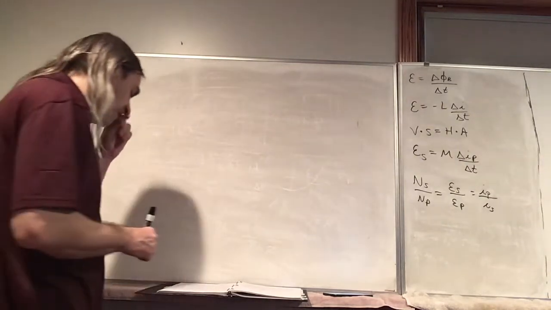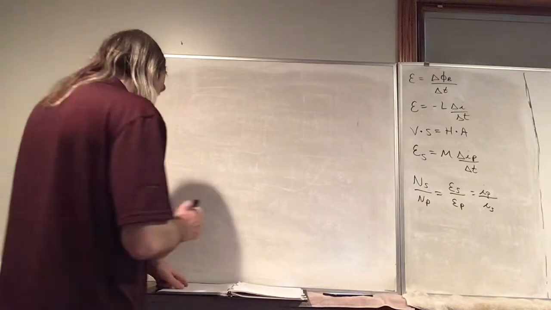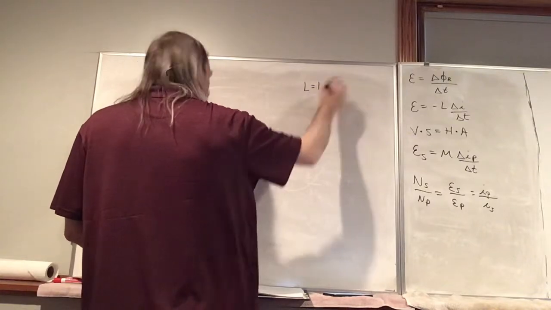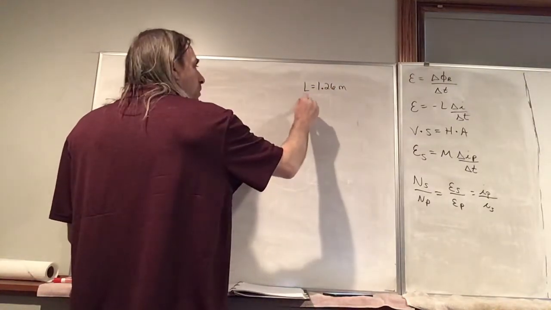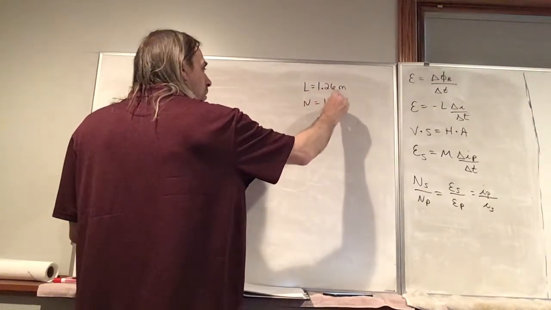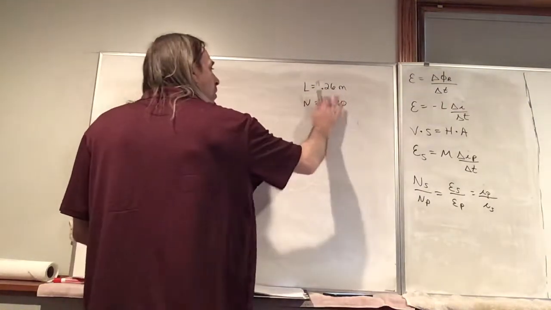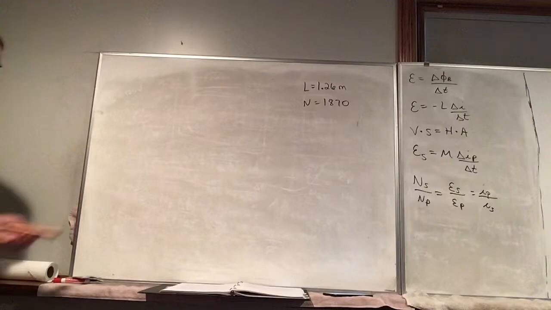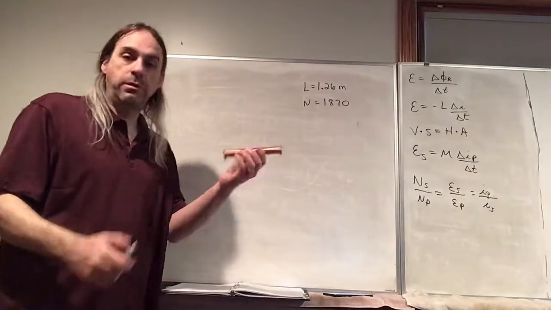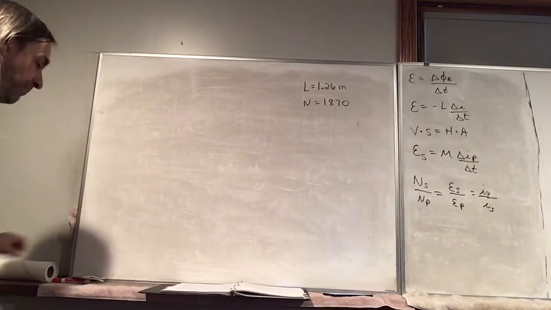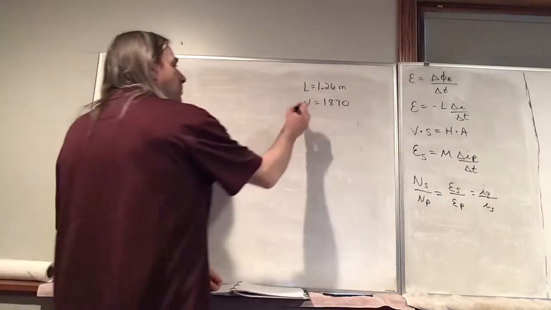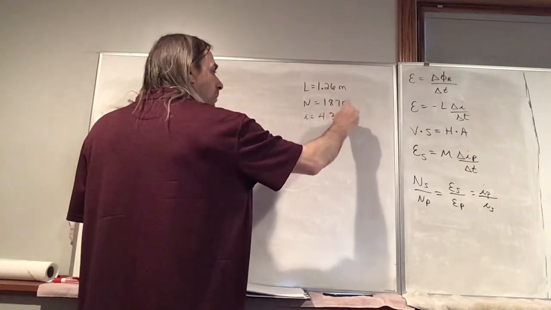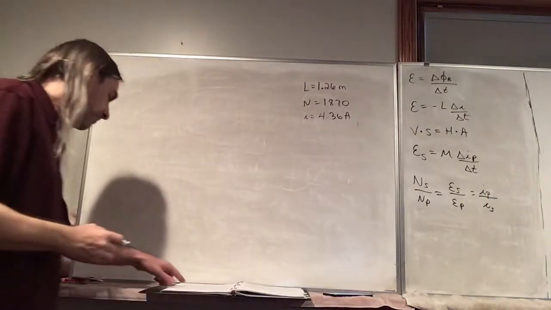Okay, so one, it says a solenoid that is 1.26 meters long, formed from 1,870 windings. So you get a solenoid like this, and then just wrap it around, probably more than I've got here. It carries a current of .36 amps.